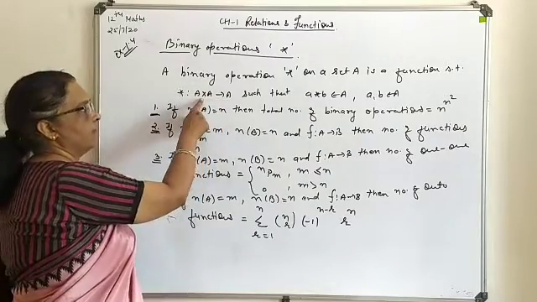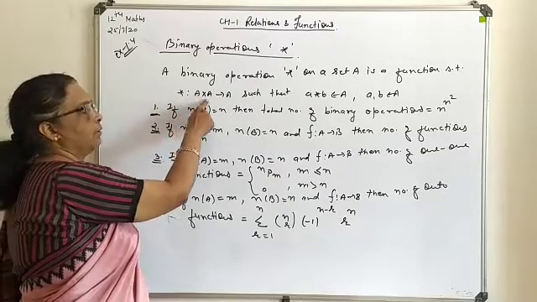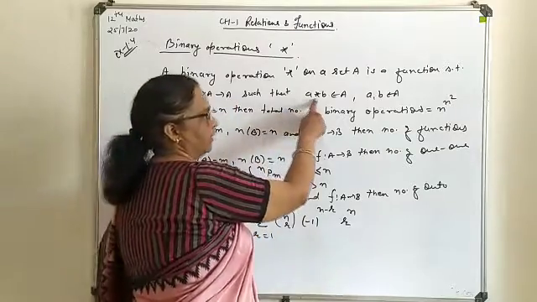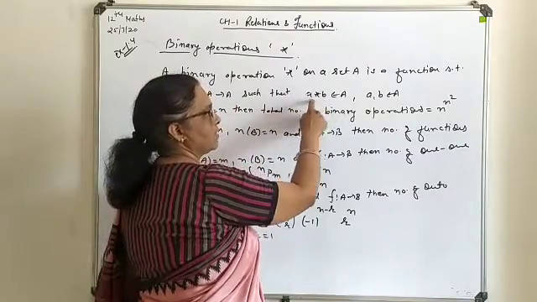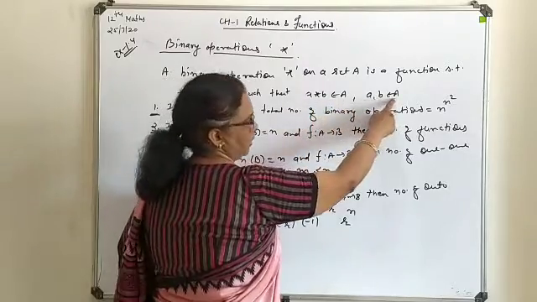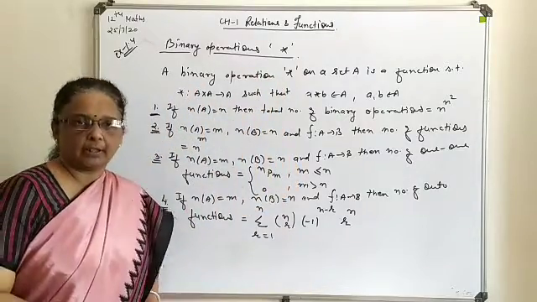So binary operation is a function from A cross A to A, defined such that A binary operation B gives a single answer that belongs to A, where A and B are both taken from set A. This is the basic definition of a binary operation.